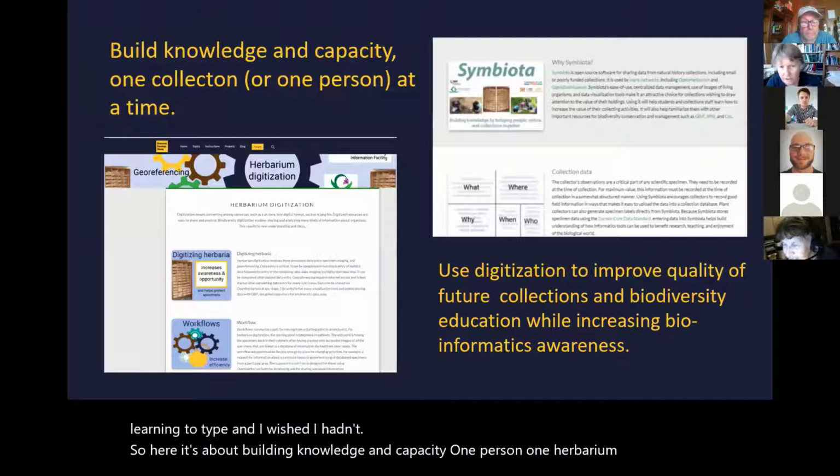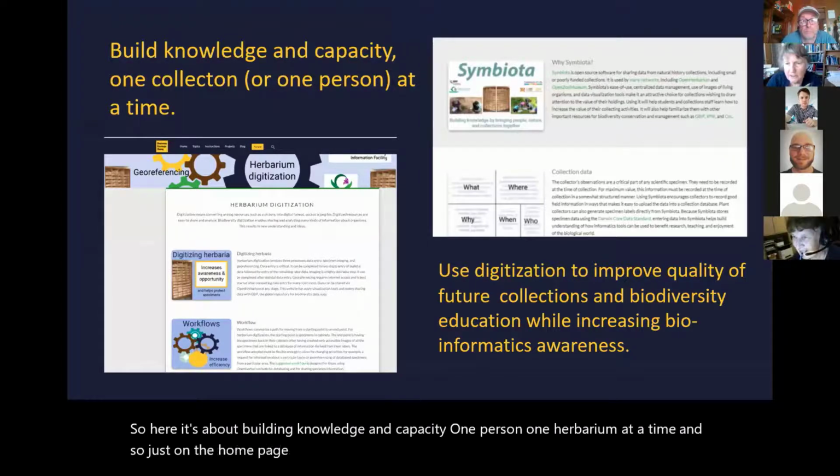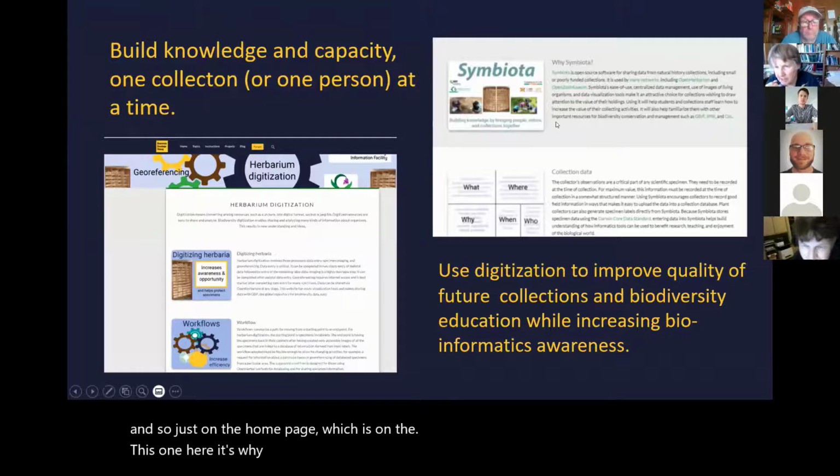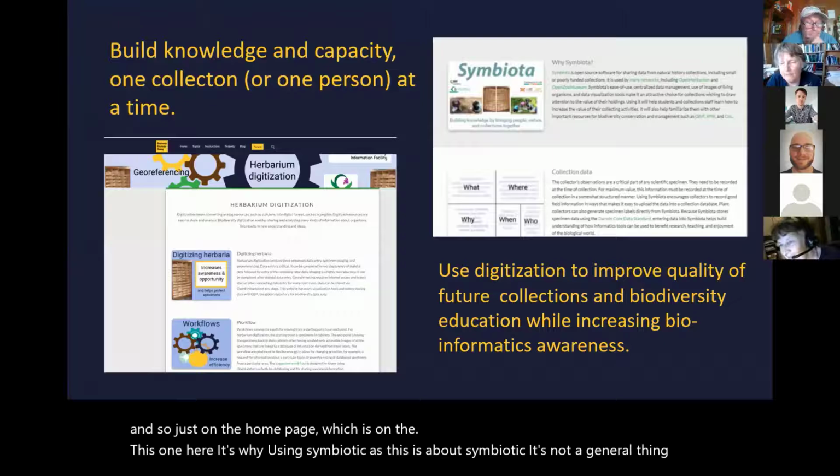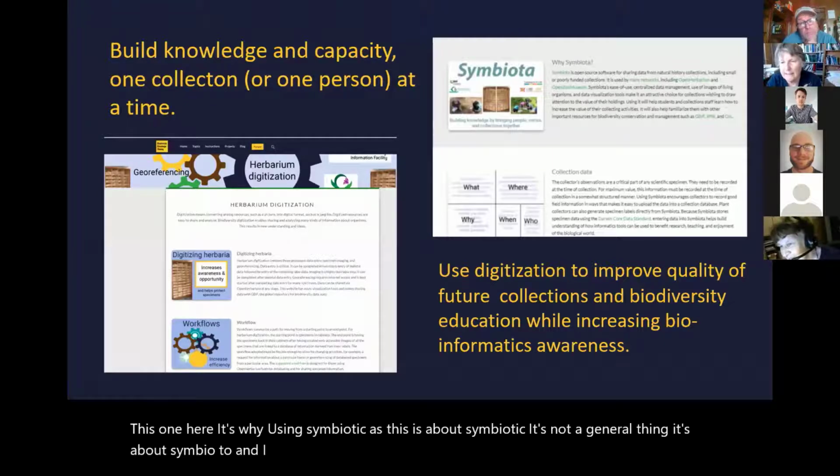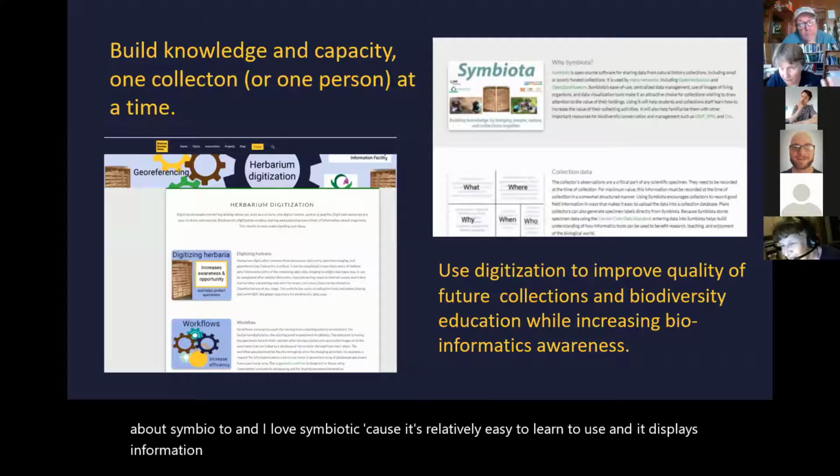And so just on the home page, it's why using Symbiota, because this is about Symbiota. It's not a general thing. I love Symbiota because it's relatively easy to learn to use, and it displays information in ways that are very helpful in different settings.